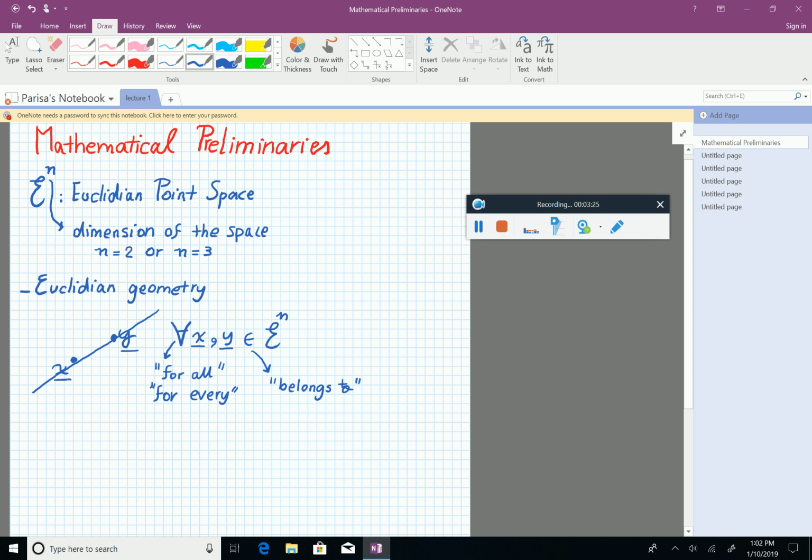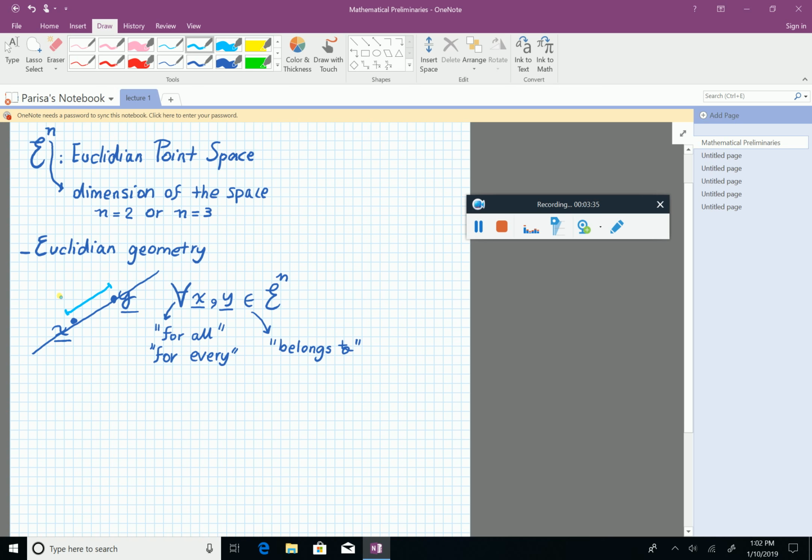So when we have a line, one thing we can measure on that line is the distance between the 2 points. So we show this by d as a function of x and y. So we can take a measuring tape and measure the distance.